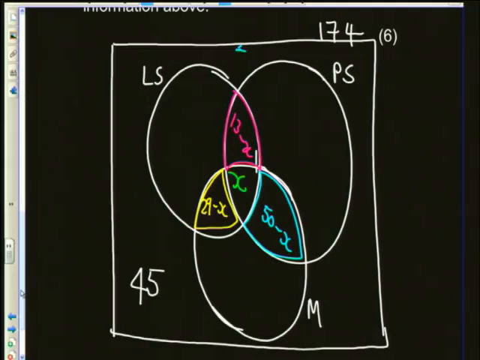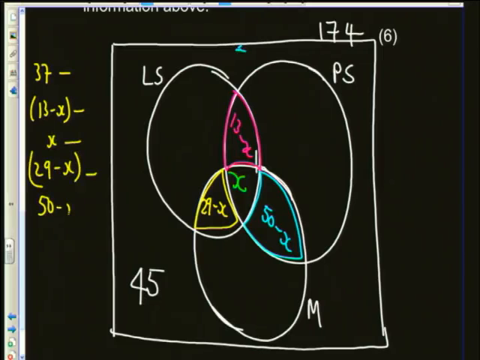So what must go in here? 37 minus 13 minus X minus X minus 29 minus X minus 50 minus X. So inside here, I've got the ones that are taking only life science. And if we do those calculations, minus X will become plus, minus X will become 0, plus X. So I'll be left with an X, and 13 and 29 are 42. So 37 minus 42 gives me minus 5.